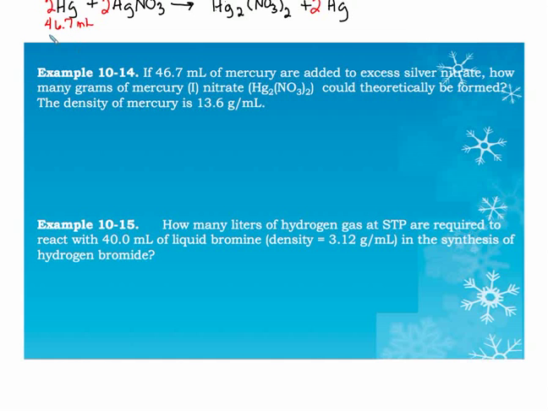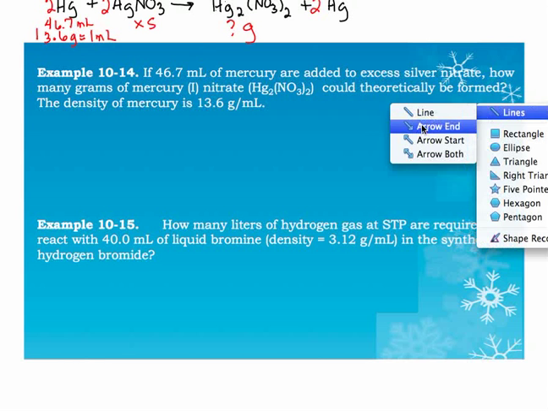46.7 milliliters. We also know that its density is 13.6 grams equal to 1 milliliter. This is in excess, which means we can ignore it. Now it asks us how many grams of mercury 1 nitrate can be formed. So let's take a look at this and map it out.